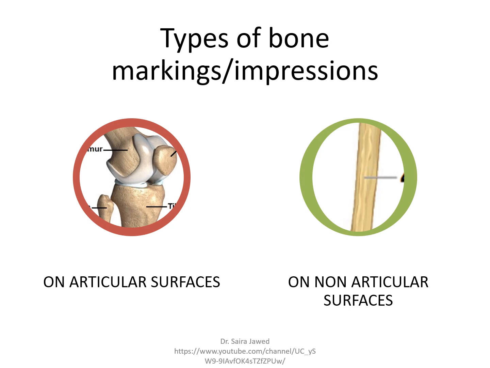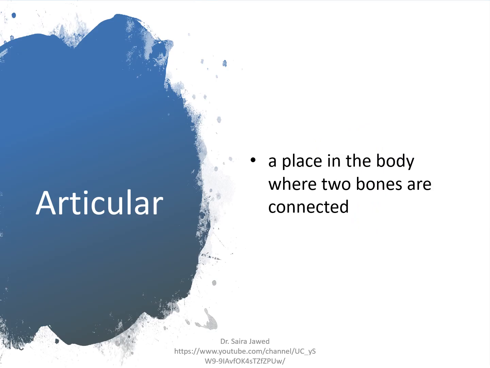So there are two types of bony impressions or markings. One is on the articular surfaces, that is articular impressions, and the other ones are on the non-articular surfaces that are known as non-articular markings or impressions. So first of all, we should know what the term articular means.